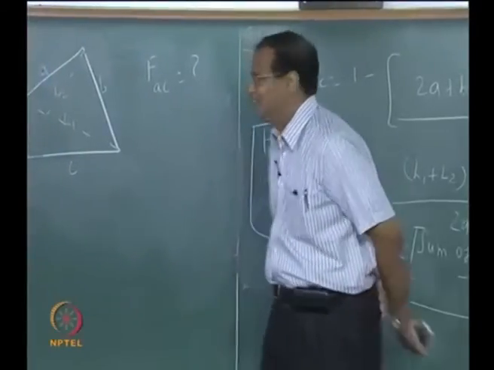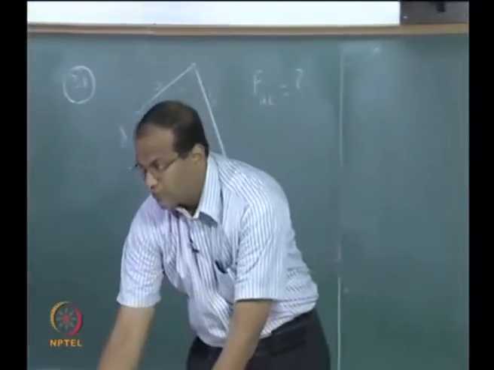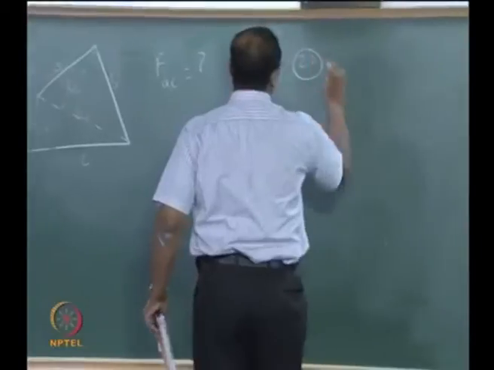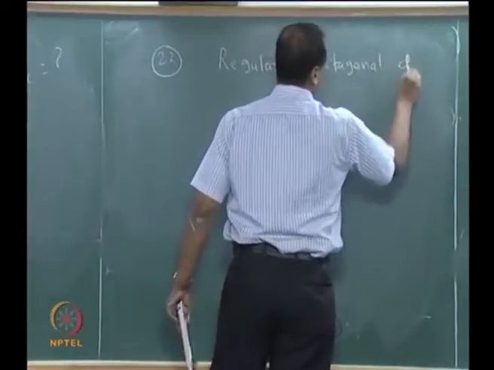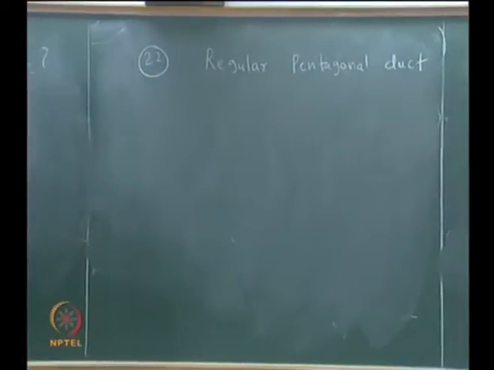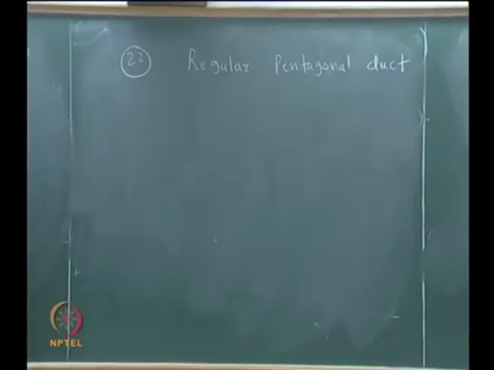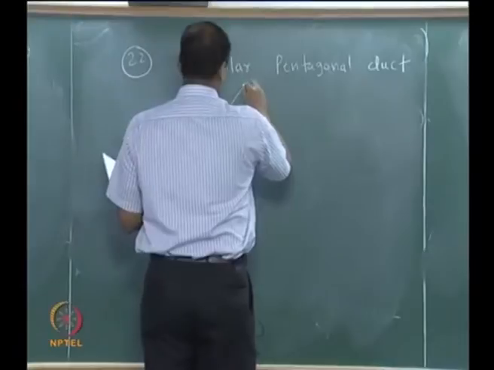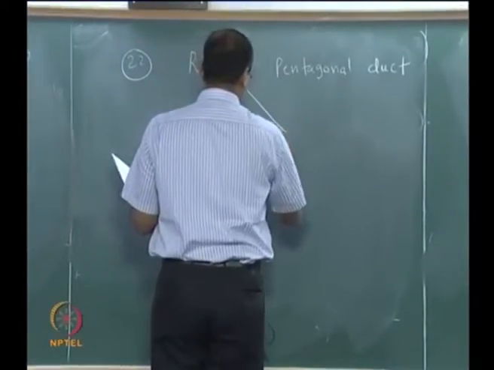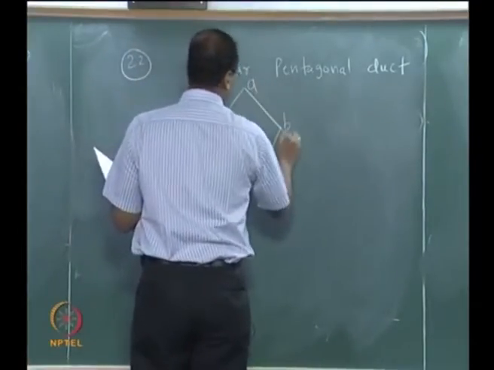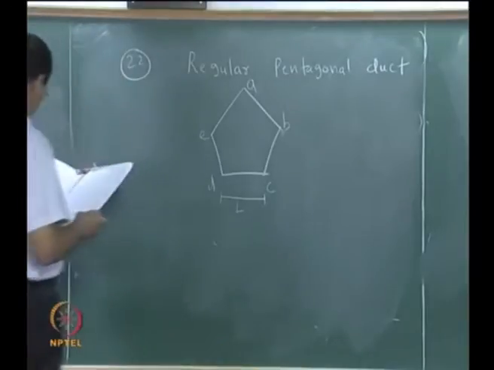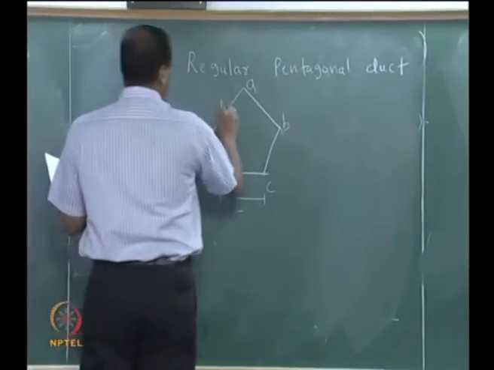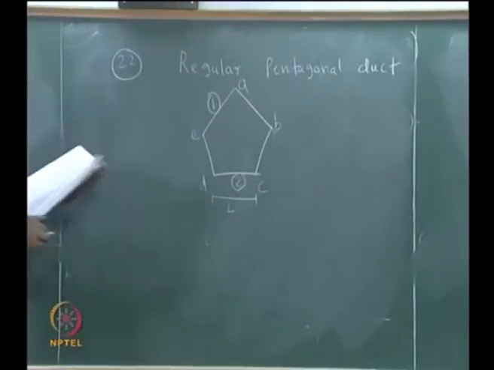We did triangle, then we did quadrilateral. Now problem number 22. Get F12.